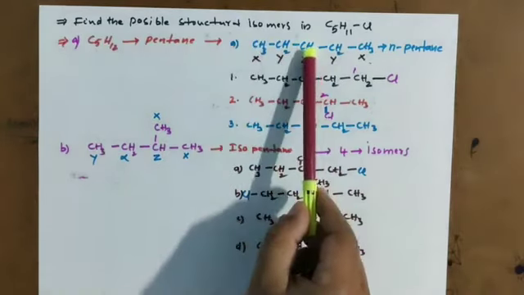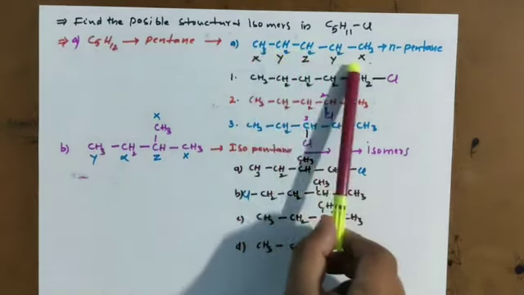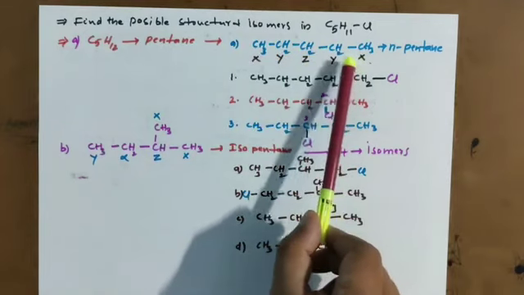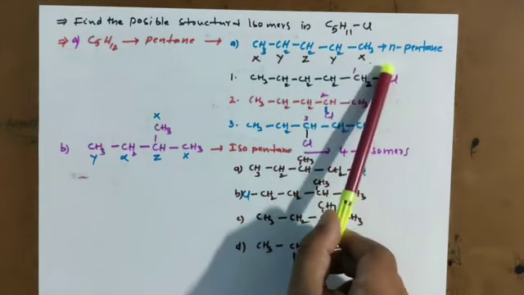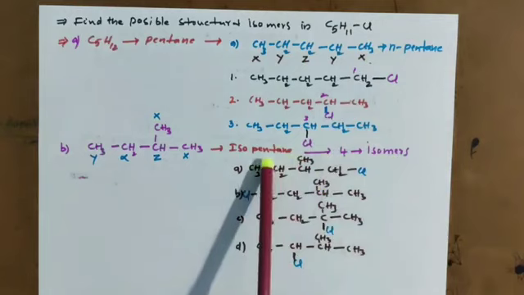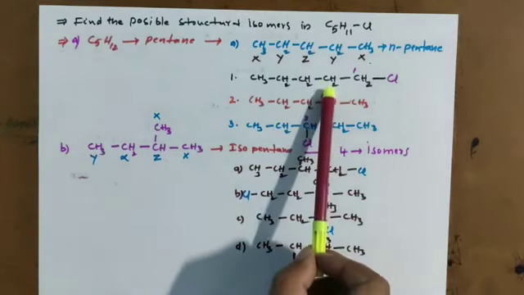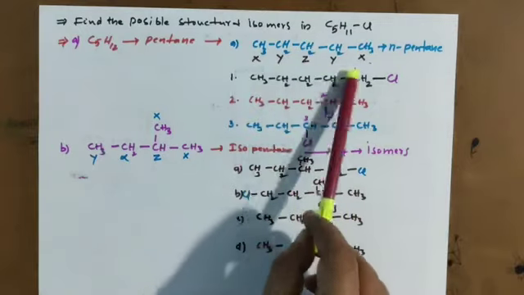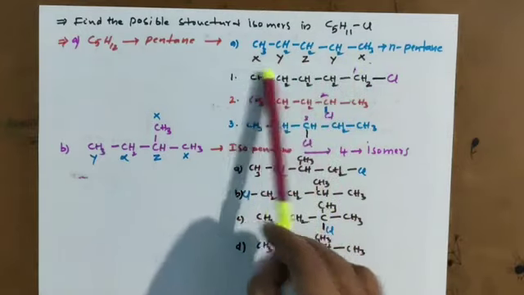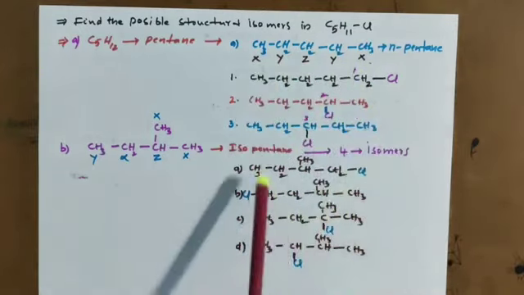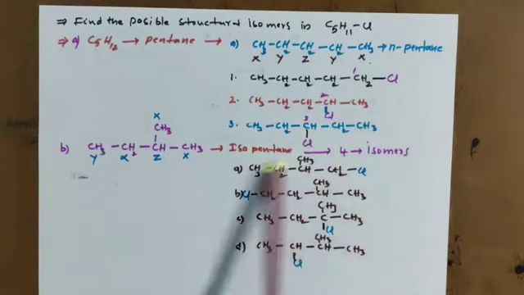So for pentyl chloride, first you have to go for pentane. Pentane has 3 isomers: N-pentane, isopentane, and neopentane. In N-pentane, 2 types of carbons are there. Sorry, 3 types of carbons are there. So 3 isomers. In isopentane, 4 types of carbons are there. 4 isomers.